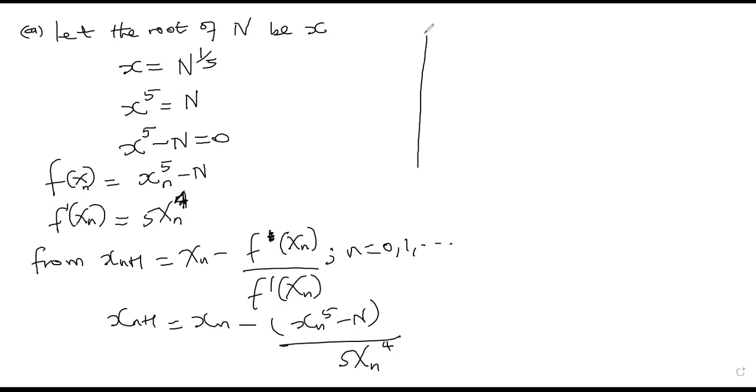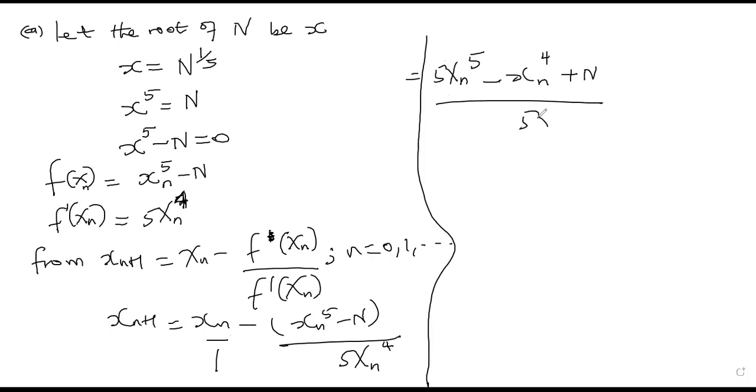Now what happens is, you take the LCM here and you multiply it there, so it is going to be 5xn to the power 5 minus xn to the power 5, then plus n, everything over 5xn to the power 4.